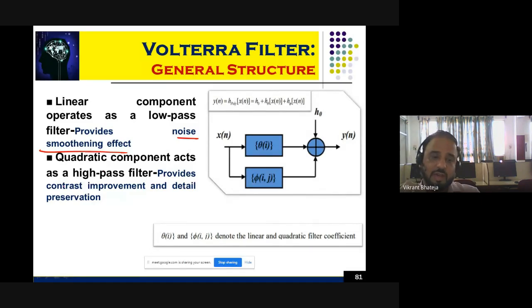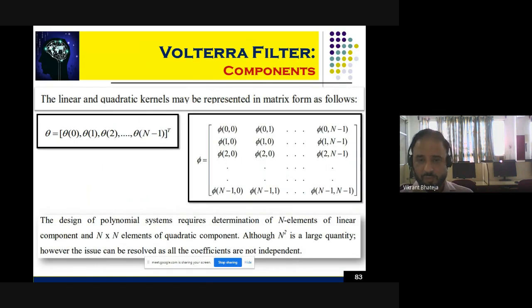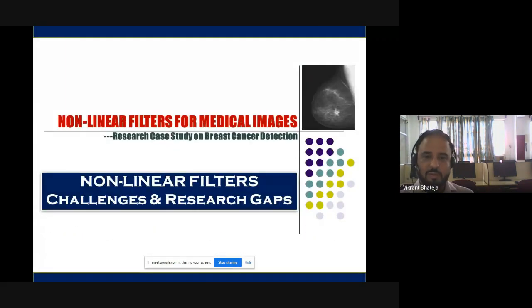It can provide contrast improvement and it can provide detail preservation. So the benefit of using the Volterra filter is certainly that it is operating as a combination of linear and quadratic filter, or you can say it is operating as a combo of a low pass filter and a high pass filter. I'm just skipping this mathematical part.